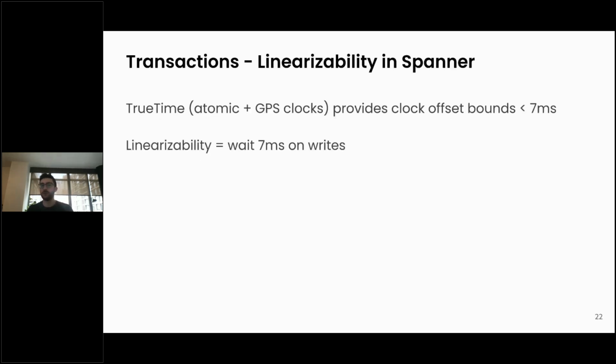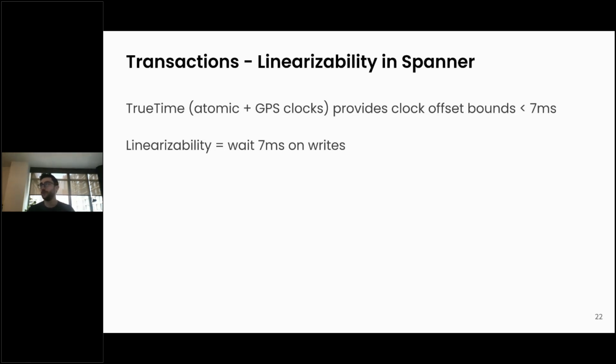So how does Spanner use TrueTime to provide linearizability, given that there are still some inaccuracies between clocks? Well, it's actually surprisingly simple. Spanner waits on writes. It waits for some amount of time until it's sure that any future transaction will get a higher timestamp than any causal predecessor. And it's able to do this because Spanner's clocks are fairly well synchronized.